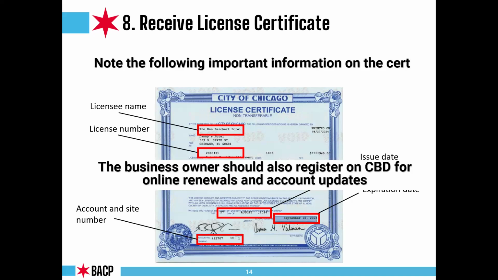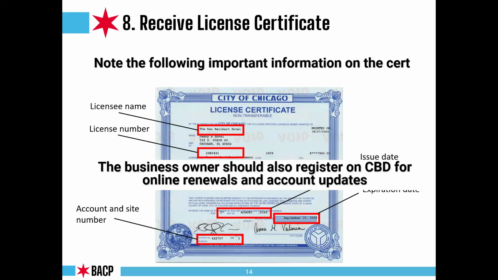And if there's any assistance that you need in between, you have consultants here to help you. If you plan on submitting your application in person, do not miss this step. Be sure to use the public computer or leverage the consultant to help you enroll in Chicago Business Direct, so that you can complete your renewals online and do account maintenance online versus having to come down to City Hall.